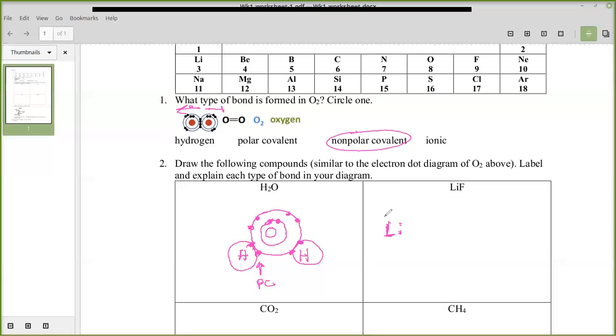Lithium, what should I draw around it? What should I draw around this lithium? Start me off here. You have shells in here, right? What should be around this lithium? Anybody want to volunteer?